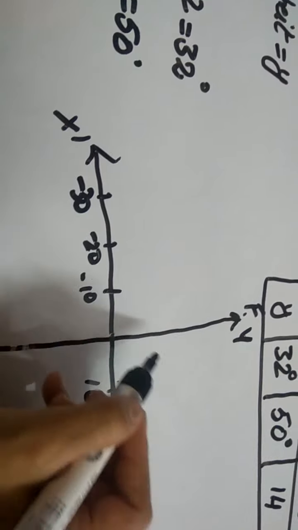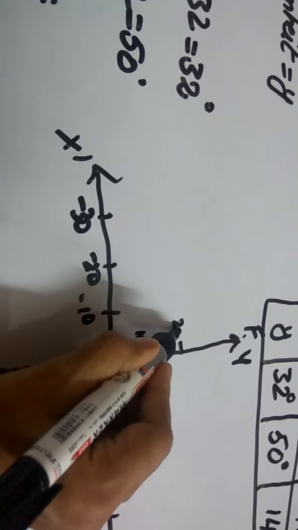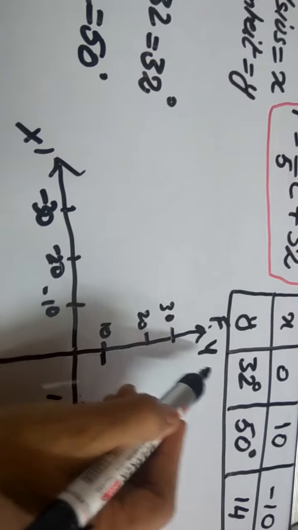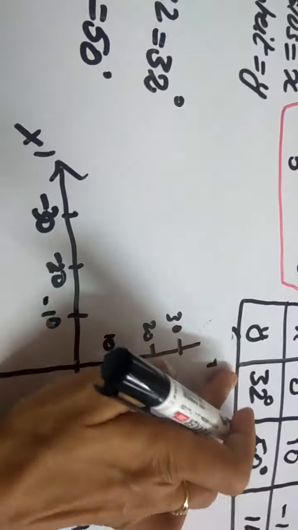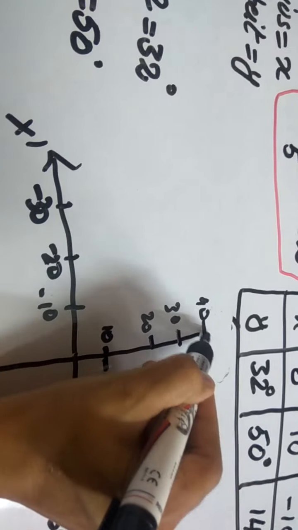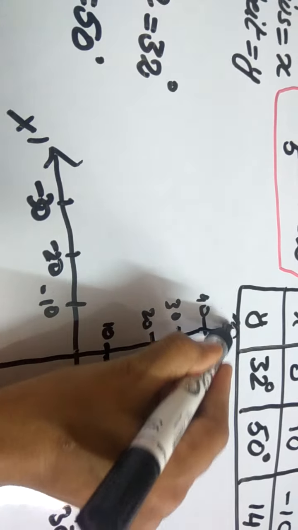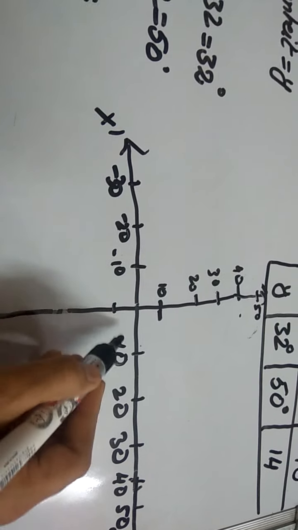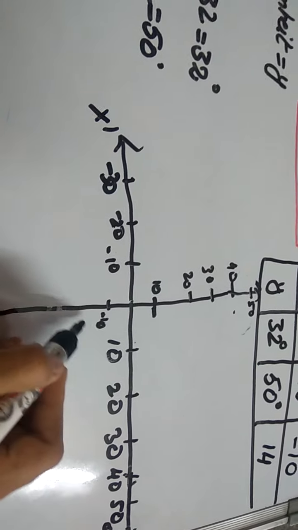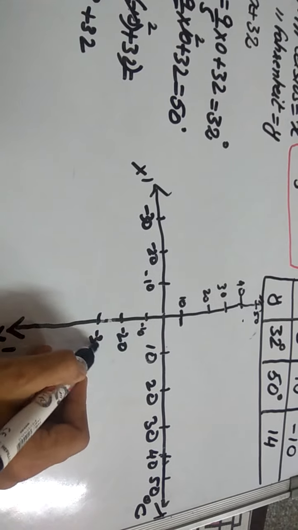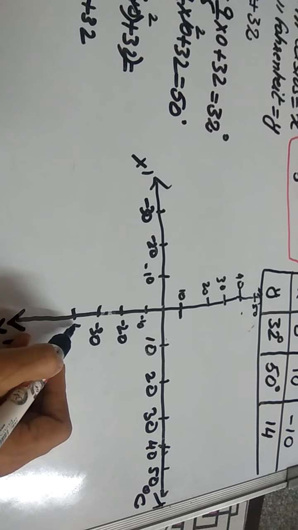On the vertical, this is 10, this is 20, this is 30, then we'll take 40, and let us take 50 like this. Same here: this is minus 10, minus 20, minus 30, minus 40, and so on.